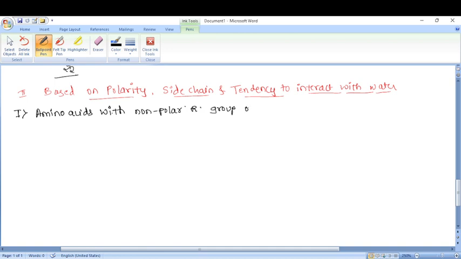Non-polar means the nature of the R group is hydrophobic. That means this R group or side chain does not interact with watery solutions.